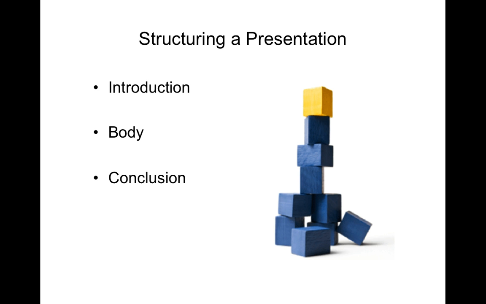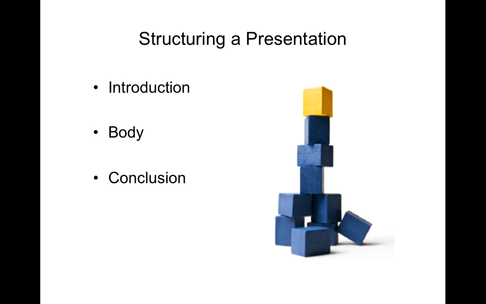So all presentations should have an introduction where you tell the audience what you are going to tell them in the presentation. What's the purpose? So you need to grab the audience's attention and introduce the topic or the thesis that's going to be discussed.